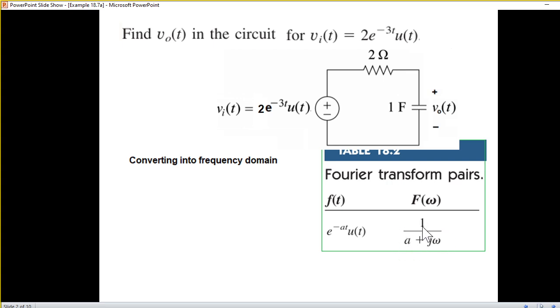So we'll use this formula. The input signal 2e^(-3t) will become 2 over (3 + jω), where 3 is a.